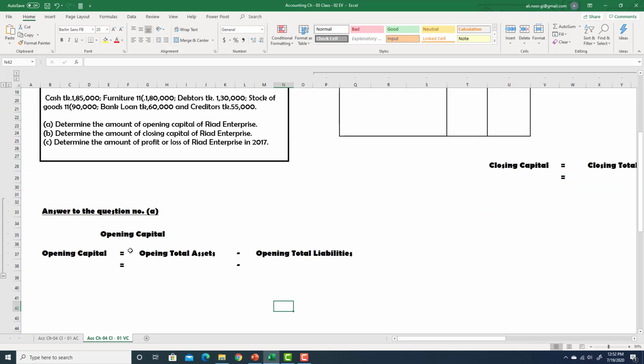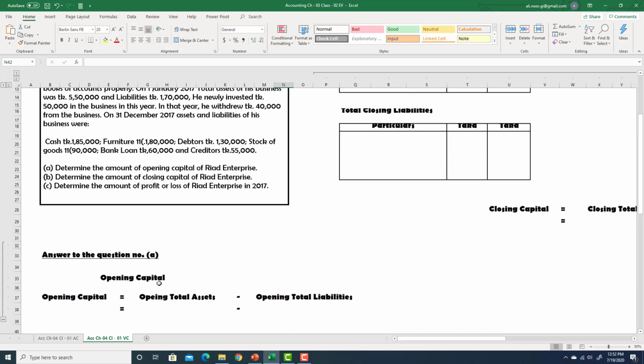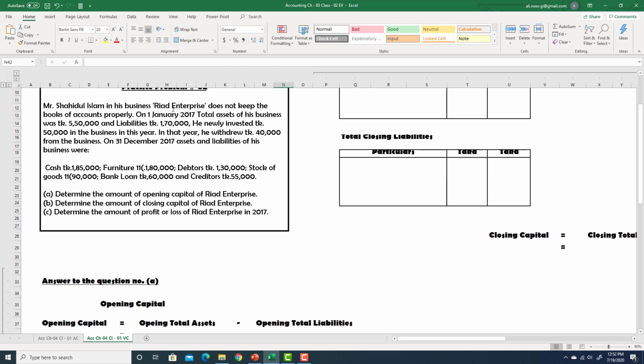Okay, so for opening capital, we need to subtract the total opening liabilities from the total opening assets. So we need to find out what the opening assets and opening liabilities were for the business of Riyadh Enterprise. On January 1, this is the line we need to consider.